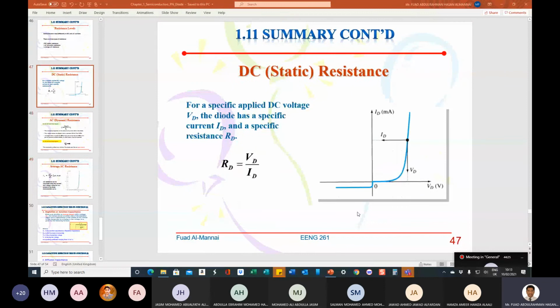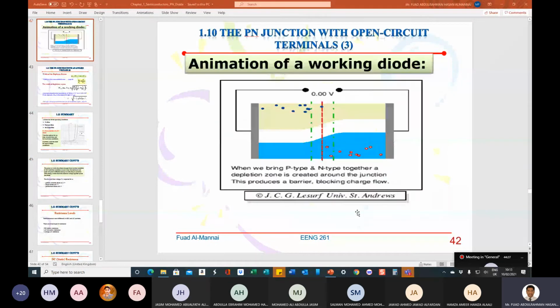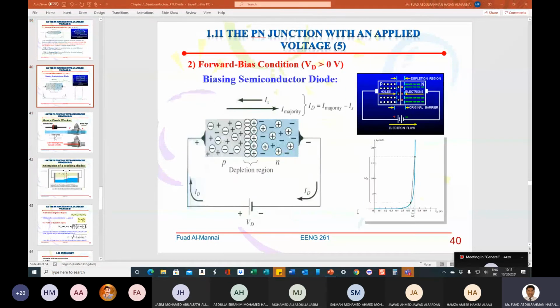So for silicon, the V0, which is the built-in voltage, is 0.7 volt. So you have to overcome that. You have to put a battery big enough to overcome the 0.7 volt. If you put, say, 1 volt, the diode will be on, of course.